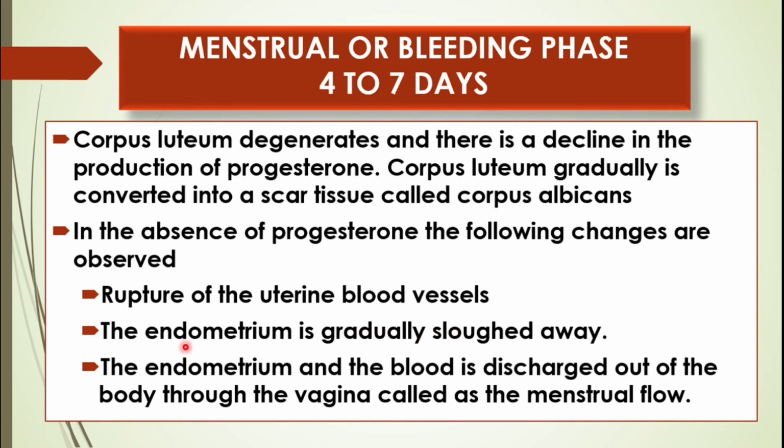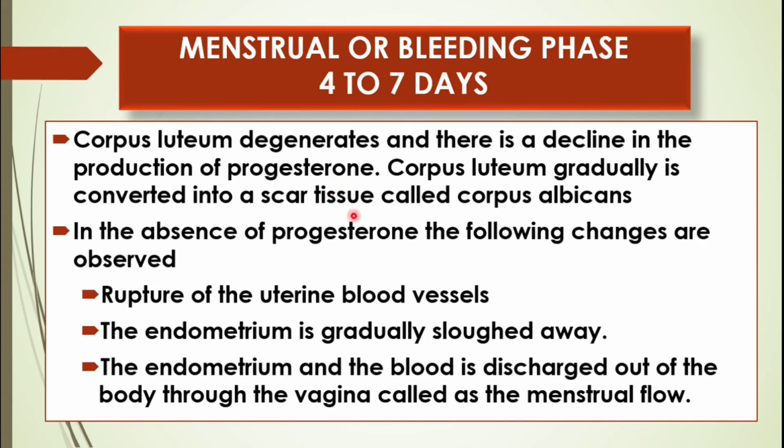So the sloughed away endometrium and the ruptured blood vessels are discharged. The blood along with the endometrium is discharged out of the body through the vagina, and this is called the menstrual flow, which may last for 4 to 7 days.